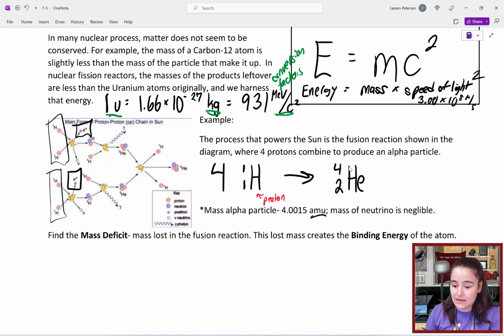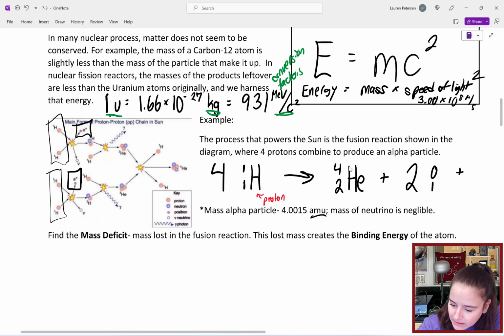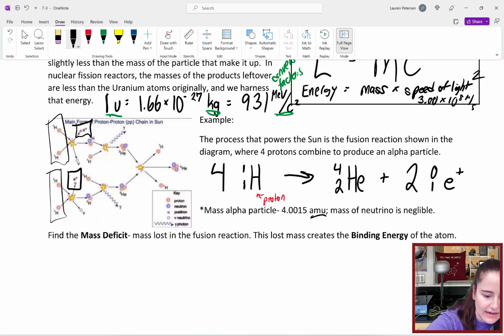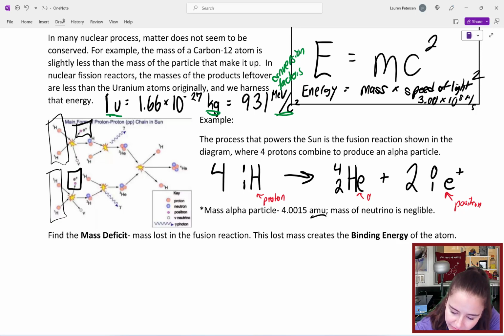Those are the positrons, written with 0 and 1. Sometimes you'll see it as a beta positive. They did it as an e positive, so I will do it there. So that is a positron. And this one is that alpha particle.